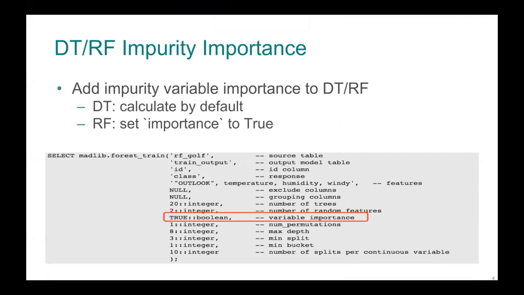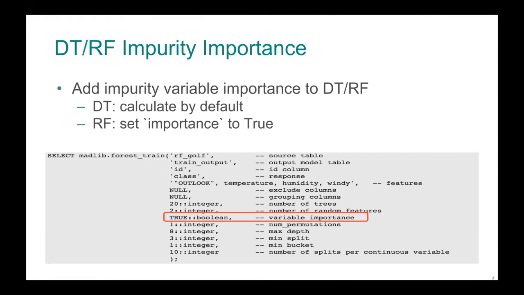We introduced a new variable importance measurement called impurity variable importance, which calculates how purely a node can separate classes from different variables. The smaller the impurity variable importance is, the purer the node; the classes are separated by features.